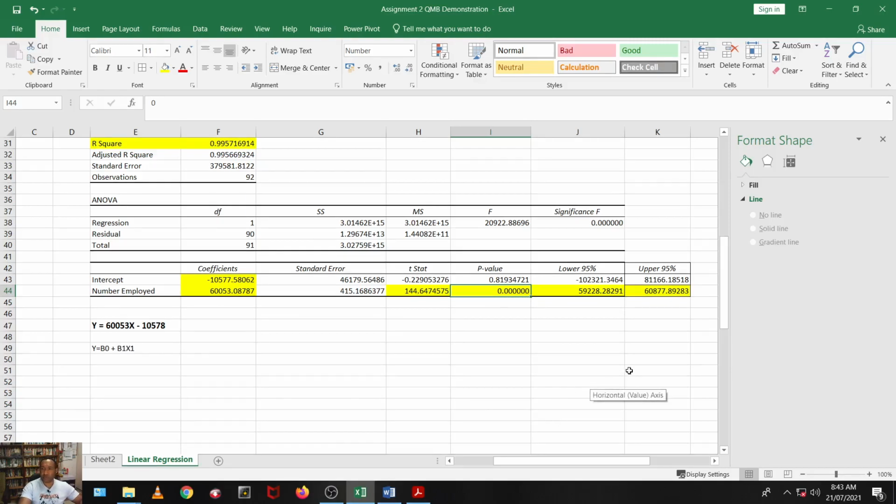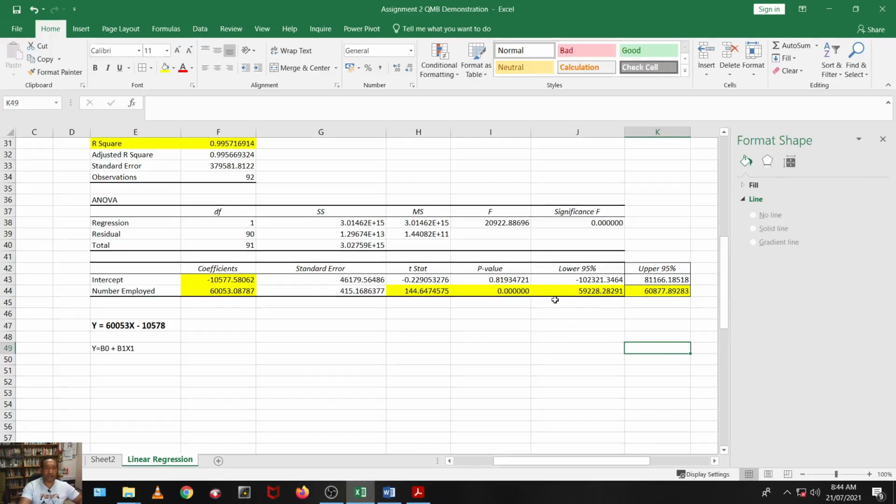And it means that we are 95% confident that the true slope B1 lies between this specified interval. And the same can be said for the 95% confidence interval for the intercept B0, which is this one here.